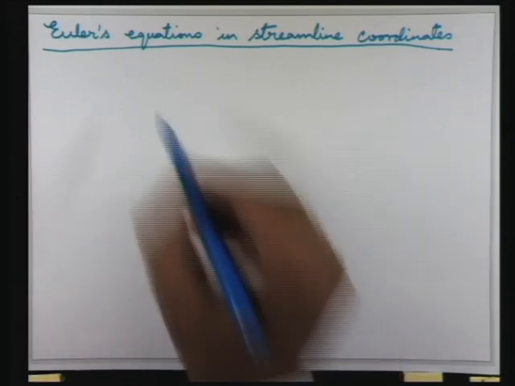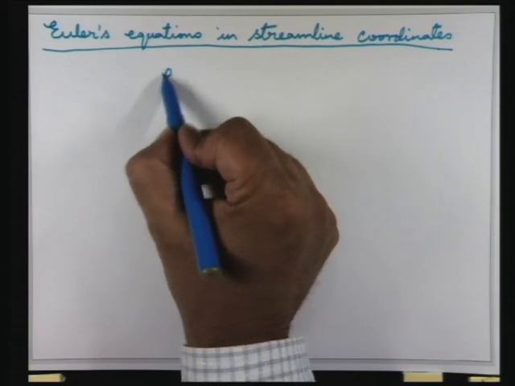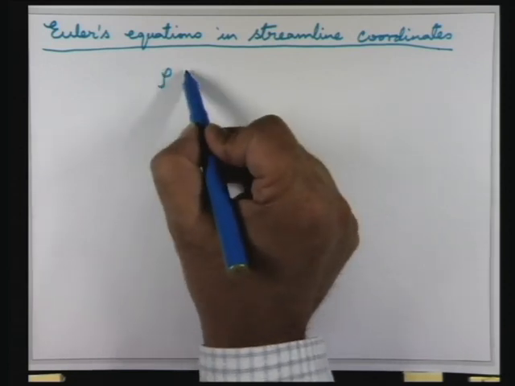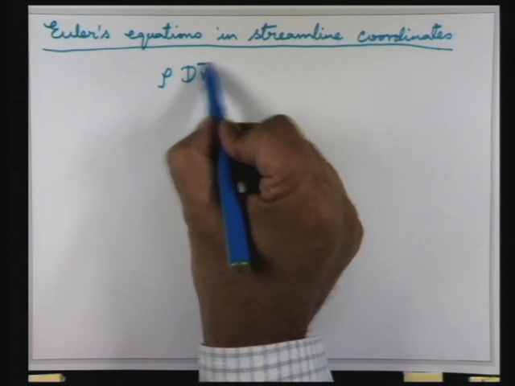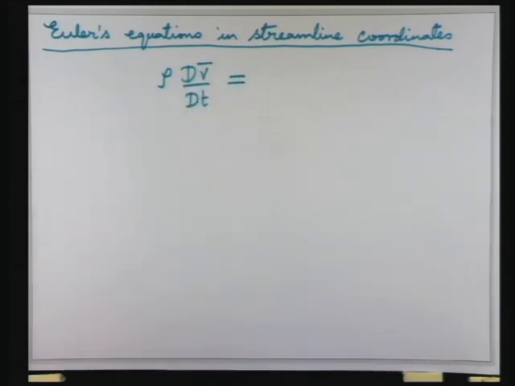Alright, so first I will start with Euler's equation of motion. You have rho times the acceleration, which you can say is the material derivative of the velocity, equal to the body force.